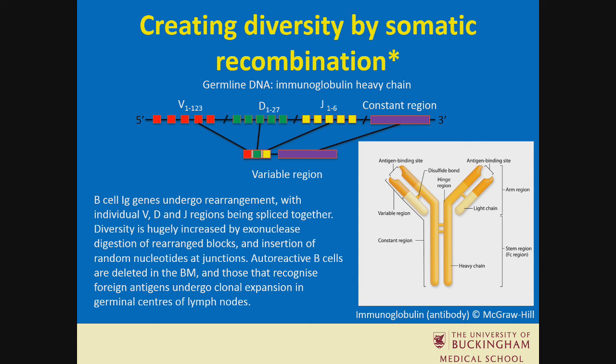So what happens in a B cell precursor, it'll shuffle up its DNA. In the bone marrow, you'll have millions of B cells all expressing different immunoglobulins. They will then be selected. You want to select out autoreactive clones, so they will be deleted, die by apoptosis in the bone marrow, and then B cells expressing different receptors will be released into the bloodstream.